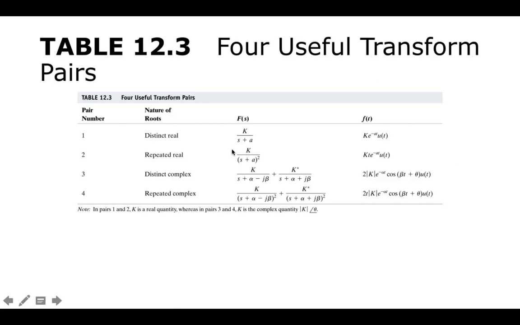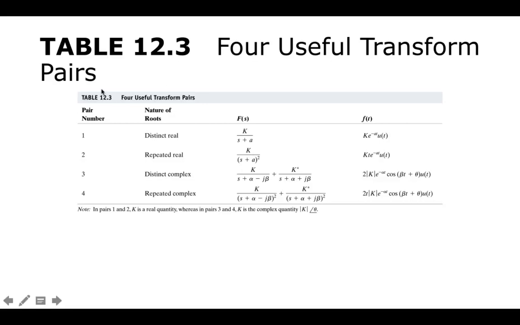This table is showing what would happen if you've already done the partial fraction expansion. So we're assuming we would have a term that would be some constant over s plus a squared. But in general, if you have a polynomial function and you have something like s plus 2 squared times s plus 1 times s in the denominator, you would need to do a partial fraction expansion on that.